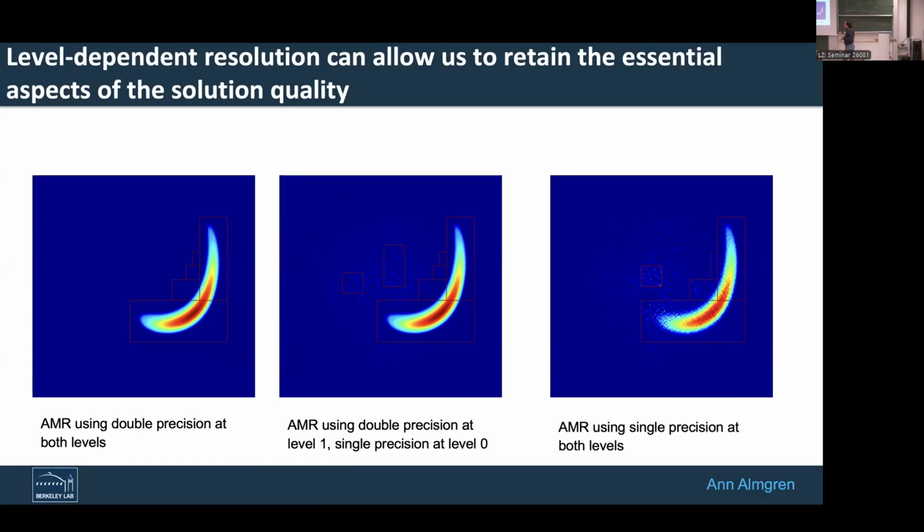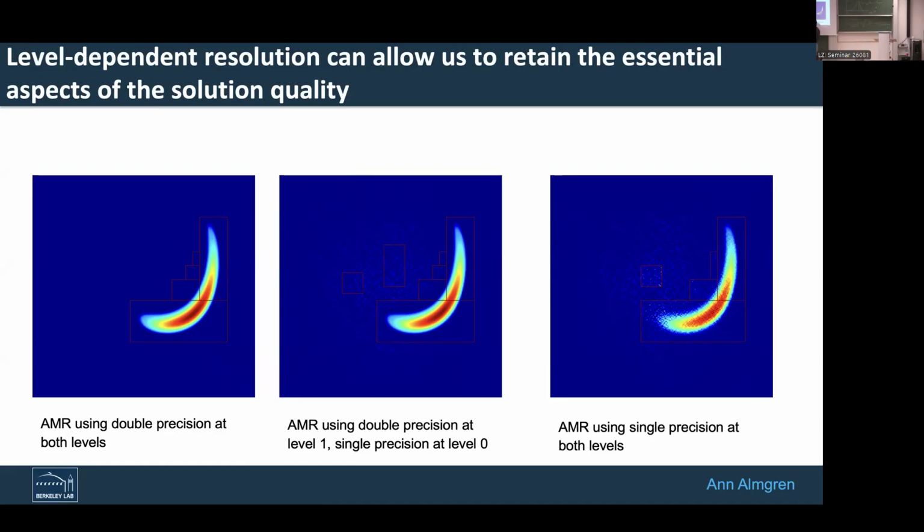If we have the coarser grids done in 32-bit or lower precision, you do have artifacts here, but they're not interesting. It's not where the action is. What Anne is showing here is that we can preserve the important part of the problem solution because we're doing double on the refined parts.